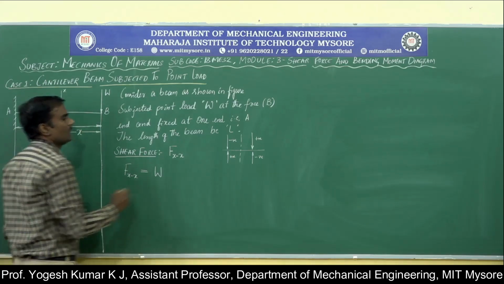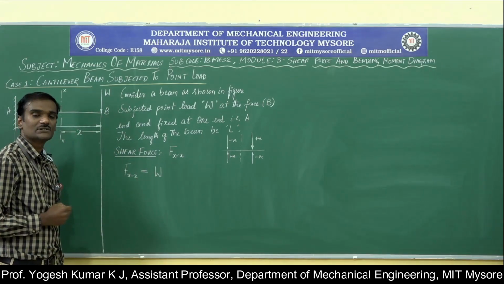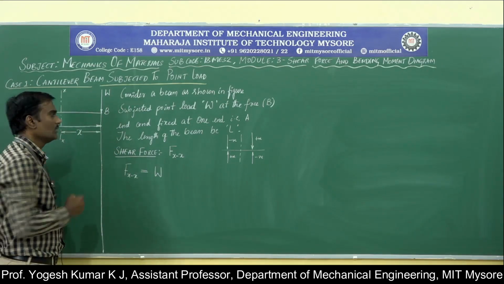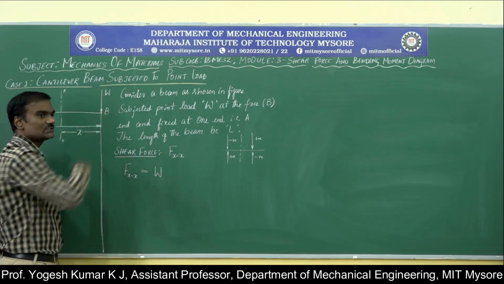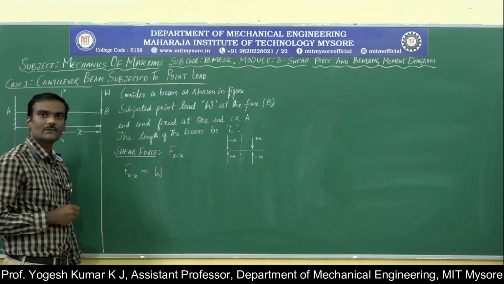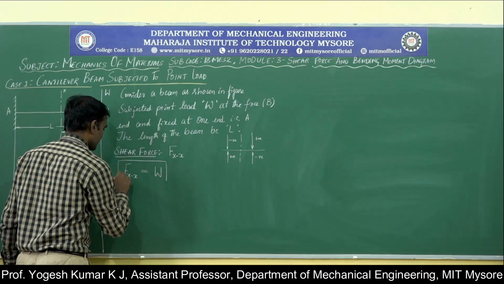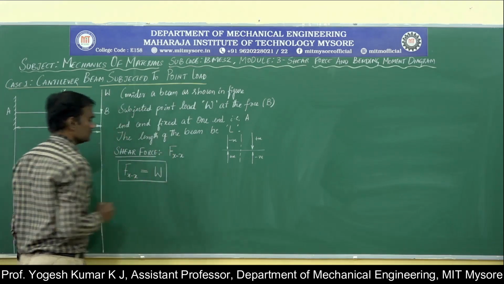It should be positive according to our sign conventions. To the right side of the section, if the forces are acting downwards, it is positive. If it is acting upwards, it will be negative. The shear force at section XX is W.